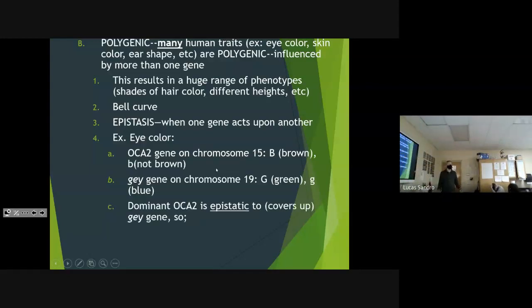So we use the word epistatic. The dominant OCA2 is epistatic. It covers up the GEY gene. So if you got big B, big B, or big B, little b, if you're homozygous dominant or heterozygous for the OCA2, the brown, not brown gene, you got brown eyes, no matter what's on GEY.